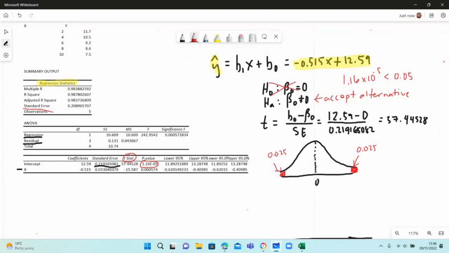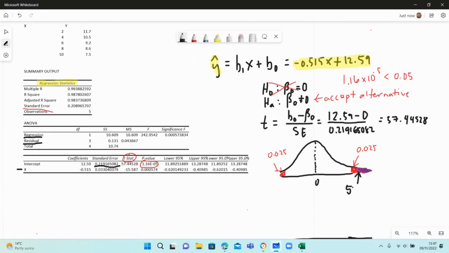Okay, now since the p-value is actually this much, it means that basically what happens is we got a value for t which is very much on this side of the t-distribution. So this is our value of the t-statistic.